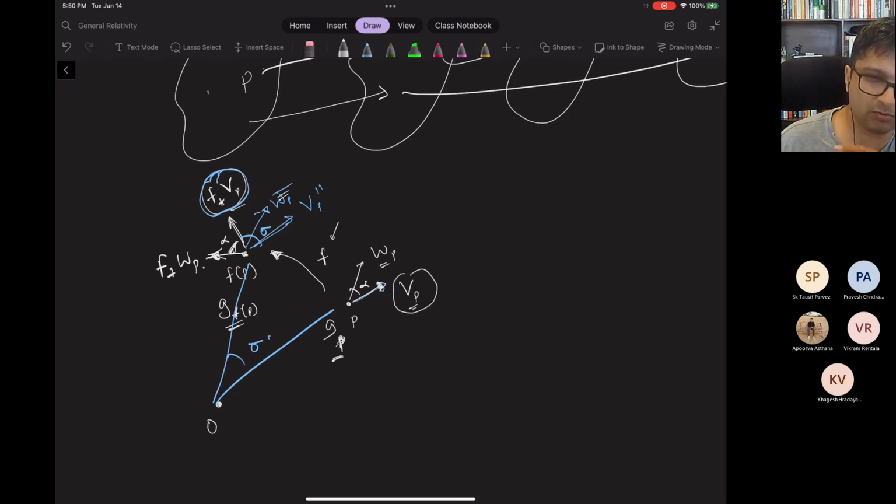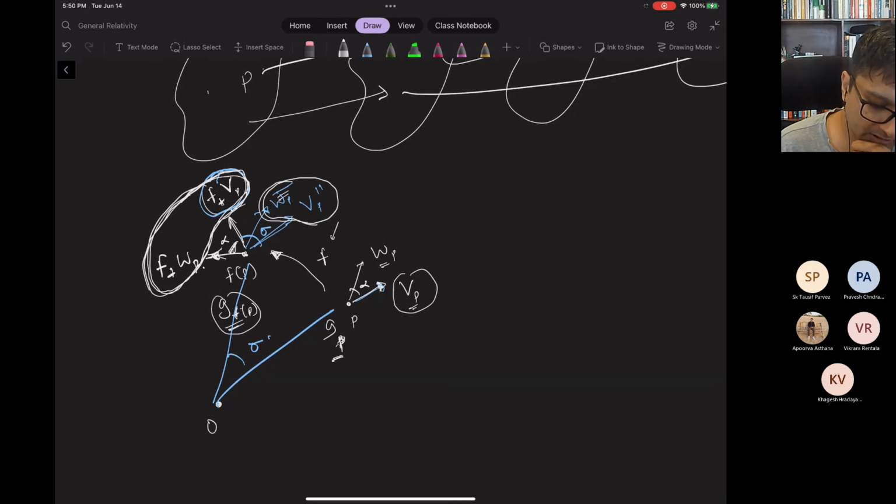We demanded that this inner product of these two vectors is preserved using this metric. In the parallel transport argument, we argued that we choose a connection such that this inner product is preserved.